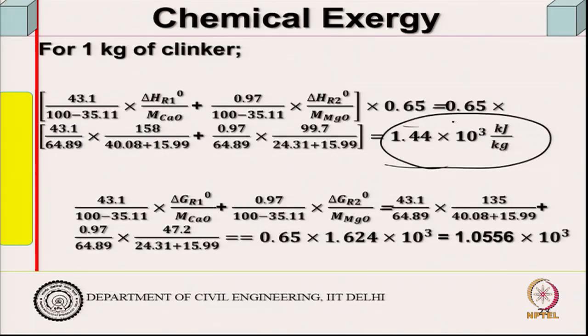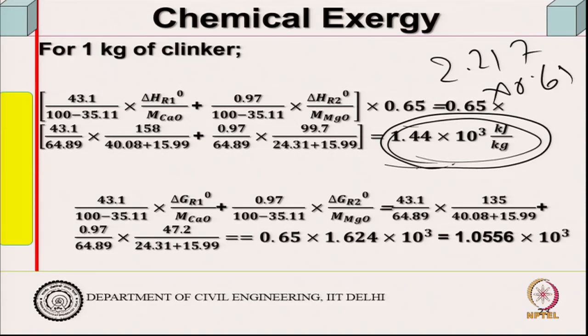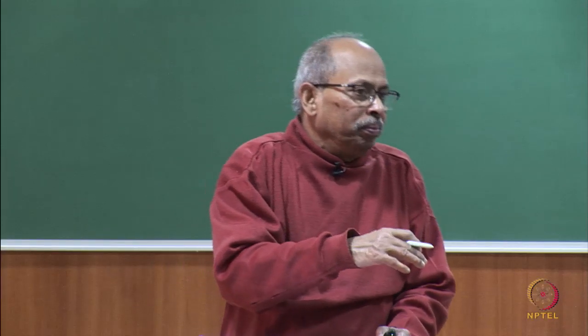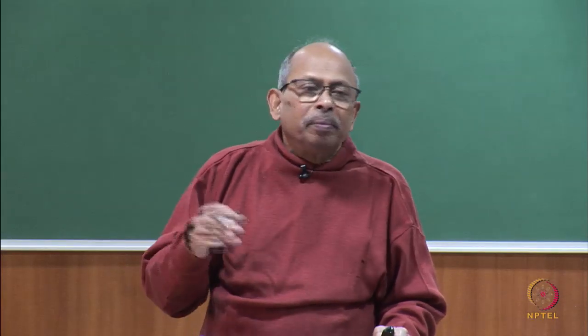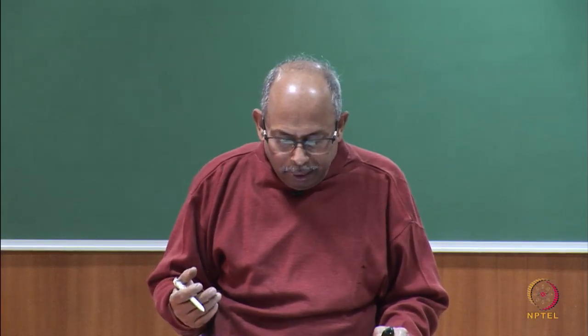So, 2.217 into 0.65, that is what it will give. So, using those materials which are already waste material, which I can add directly, obviously would save energy. Besides, wastes are also absorbed. So, in an eco footprint scenario, this would be much more advantageous.